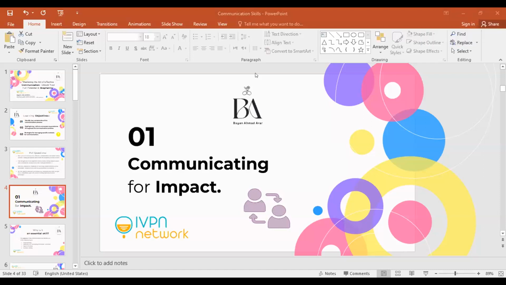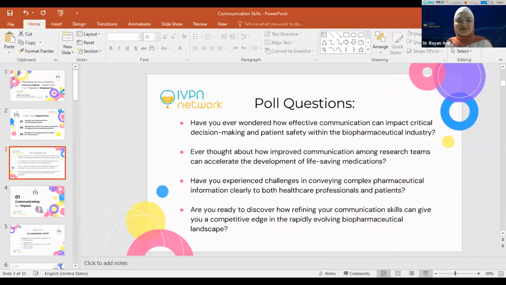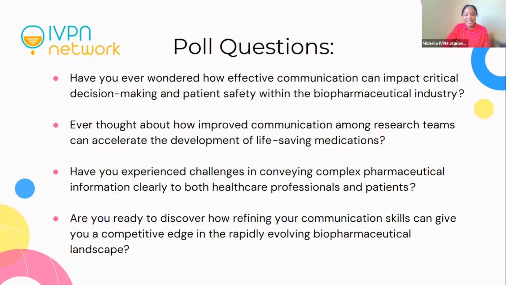All right. So for the first question, 79% of the participants said yes, and 21% said no. For the second question, 88% of the participants said yes, and only 12% said no. For the third question, 79% of the participants said yes, and 21% said no. And for the fourth question, 97% of the participants said yes, and 3% said no. Okay, all of them are ready, but one person is not ready to discover anything.